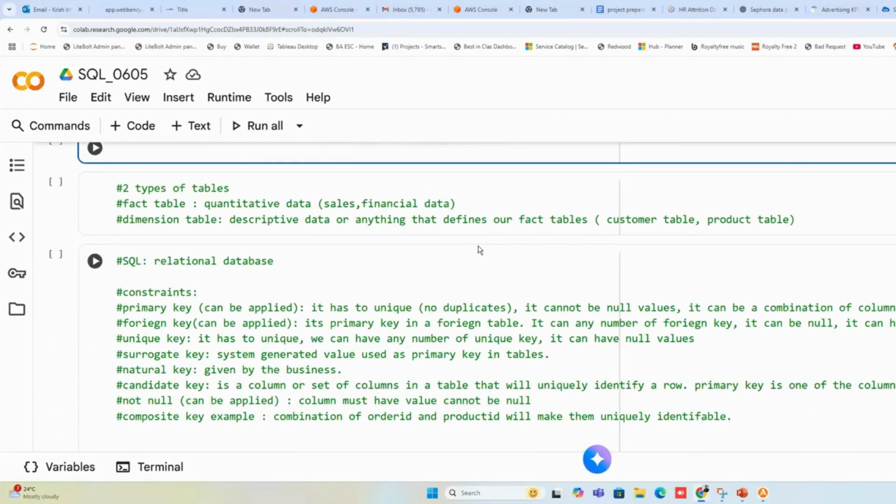Now, what are the different constraints that we have in SQL?